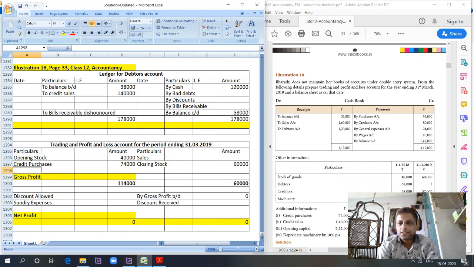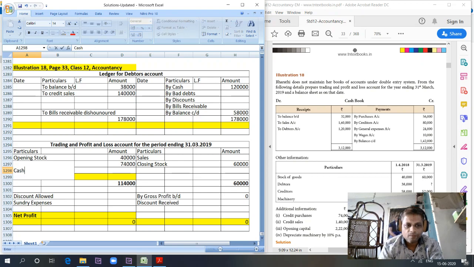In cash book there is a credit line. What is the journal entry for cash purchases? Purchases account debit to cash, because cash is going out and purchases goods are coming in. It means that there is a cash purchase of 56,000.